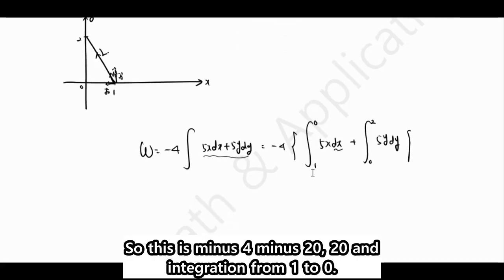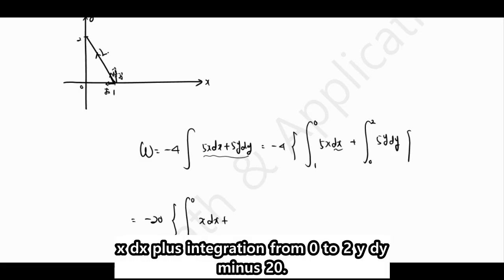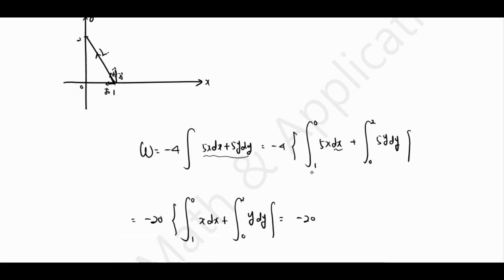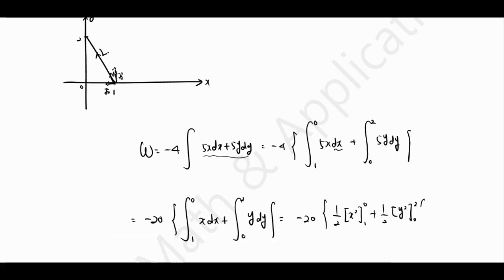So this is minus 4, minus 20, and integration from 1 to 0 x dx plus integration from 0 to 2 y dy. Minus 20, and this is 1 over 2 x squared from 1 to 0 plus 1 over 2 y squared 0 to 2.